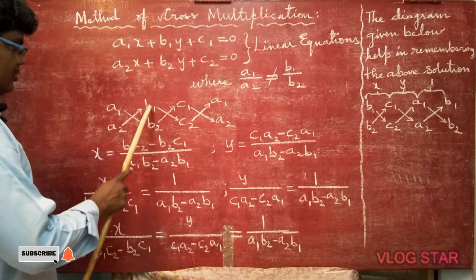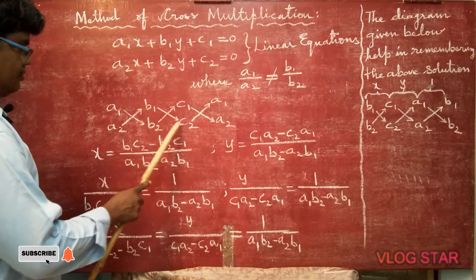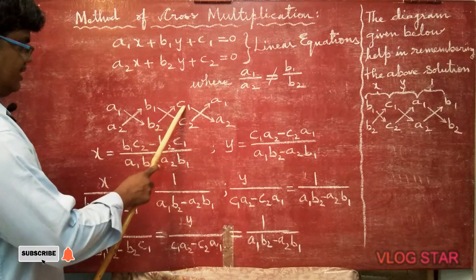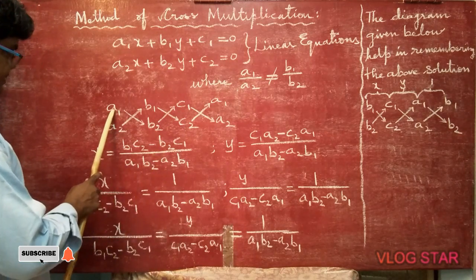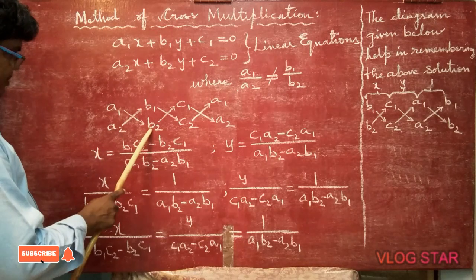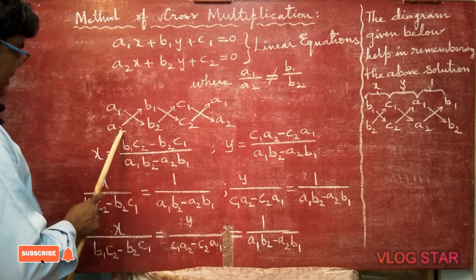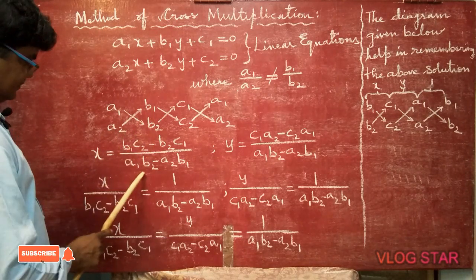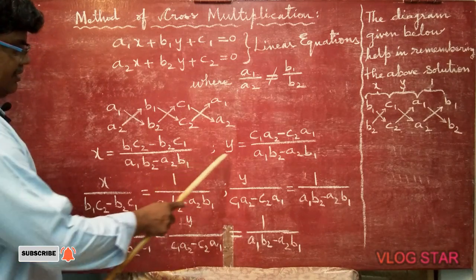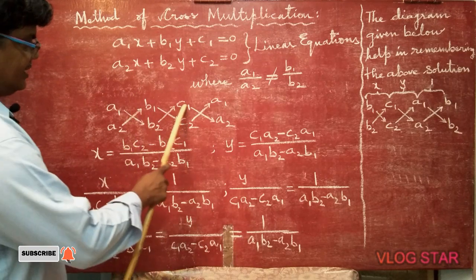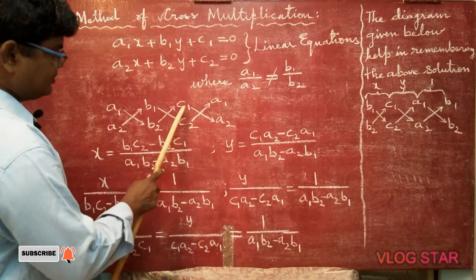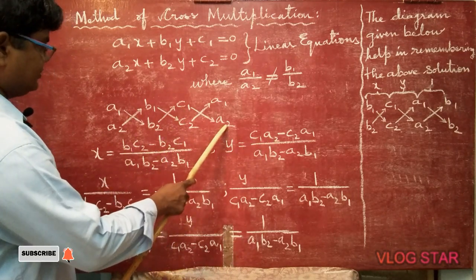Keep in mind. So b1 c2 minus b2 c1 by, take the same denominator, a1 b2 minus a2 b1, as it is. Coming to y, don't take the y coefficients, take c1 a2.